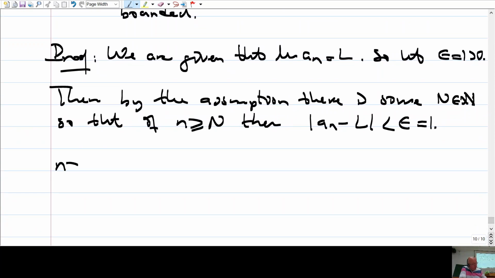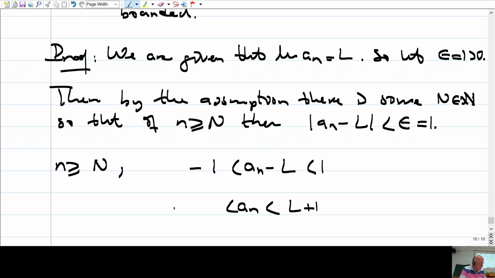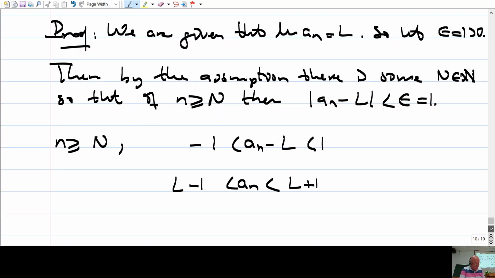So if n is larger than this N, |a_n minus L| is less than 1. This means a_n minus L is less than 1 and greater than minus 1, right? And this means a_n is between L minus 1 and L plus 1.